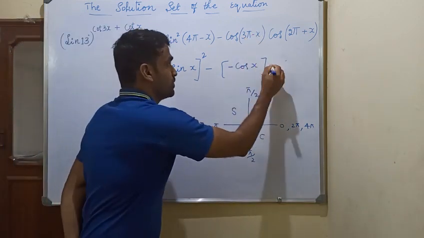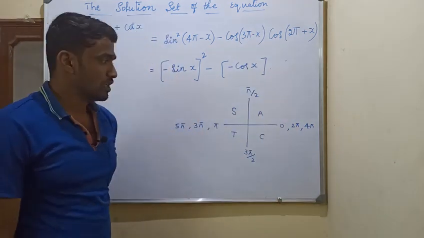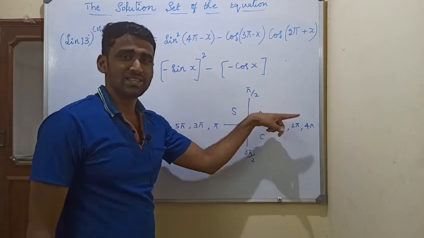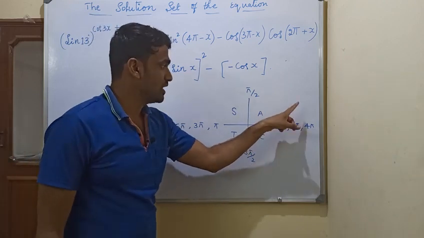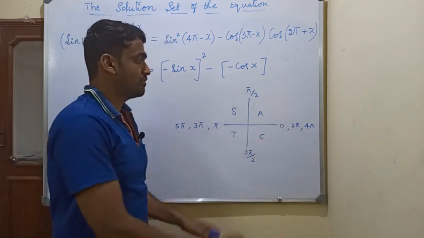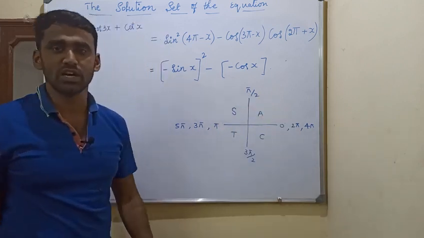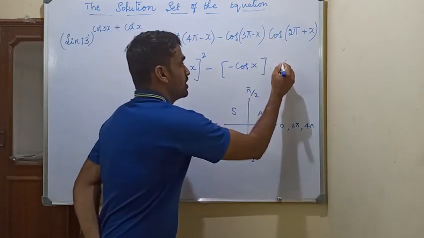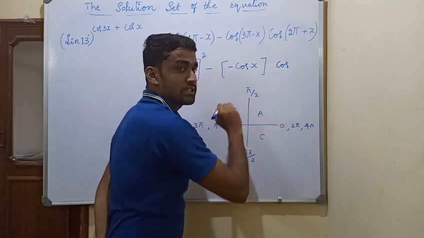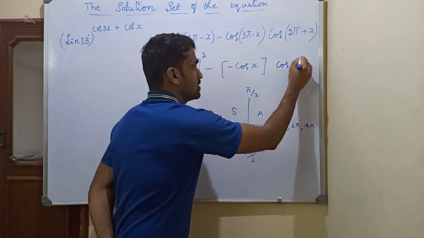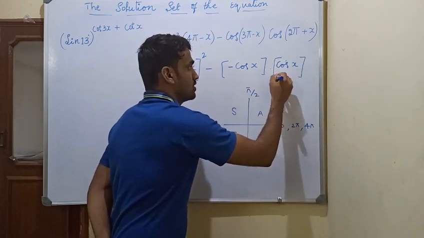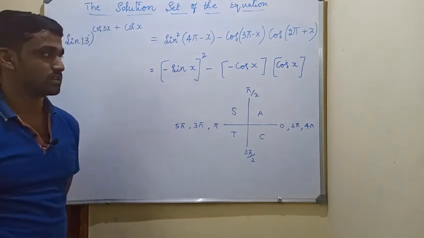What now? cos(2π + x). 2π plus some angle, so that it comes in the first quadrant. In the first quadrant, all trigonometric functions are positive. So cos(2π + x) is cos x. Okay.